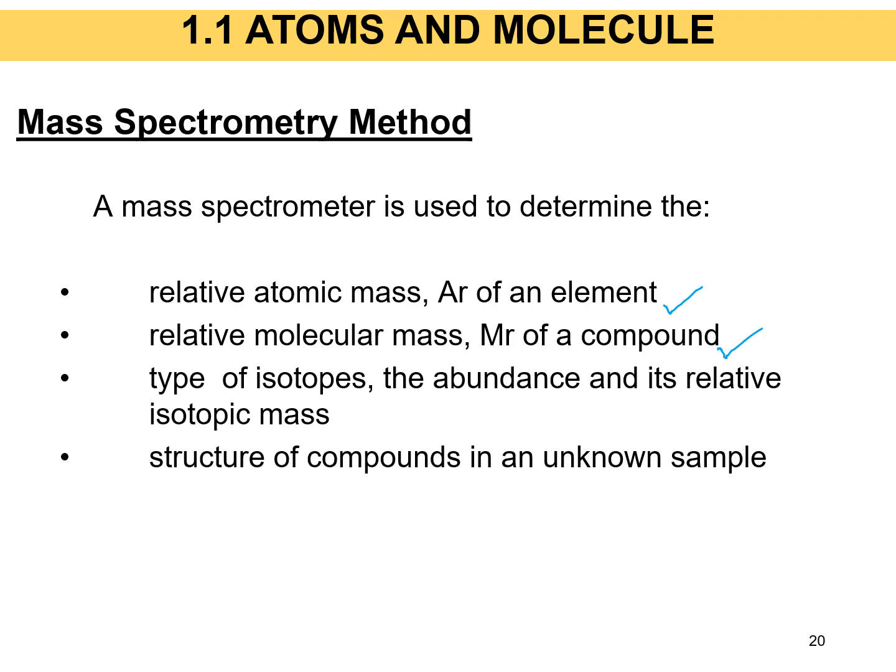And next, another method of mass spectrometry is used is because we want to determine the type of isotopes, the abundance and its relative isotopic mass, and also we want to know the structure of compounds in an unknown sample. Okay.